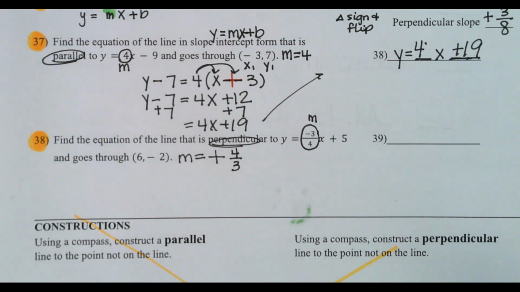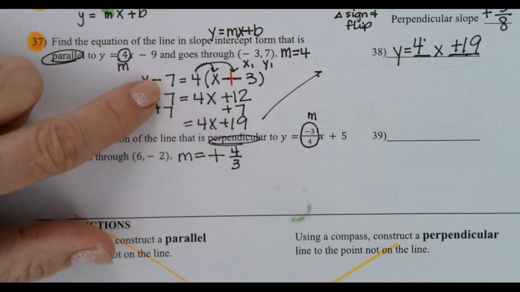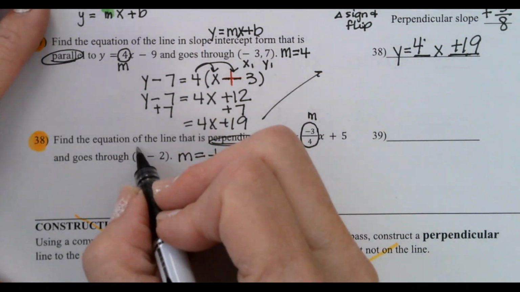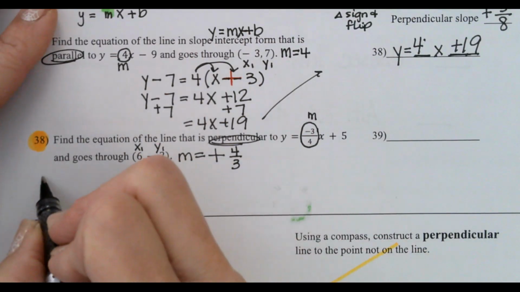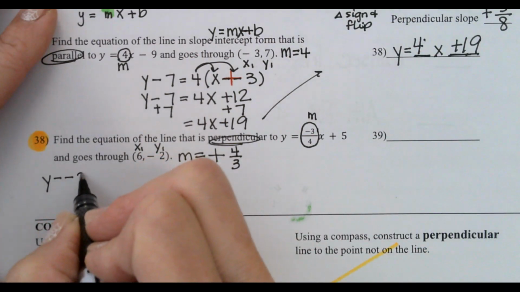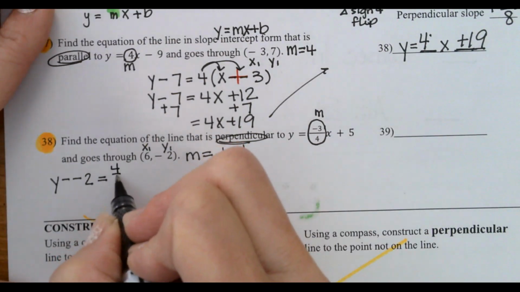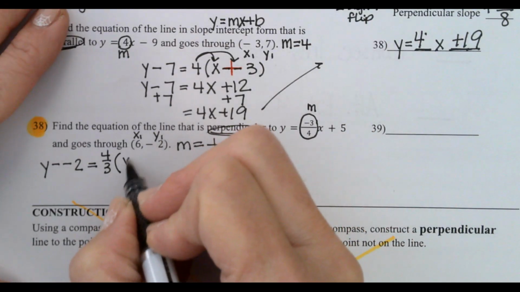So you change it and you flip it. And then this that we just did up here, we're going to do the same thing. This is my x1 and this is my y1. Y take away -2 equals the positive 4/3 that I got, parentheses x minus 6.